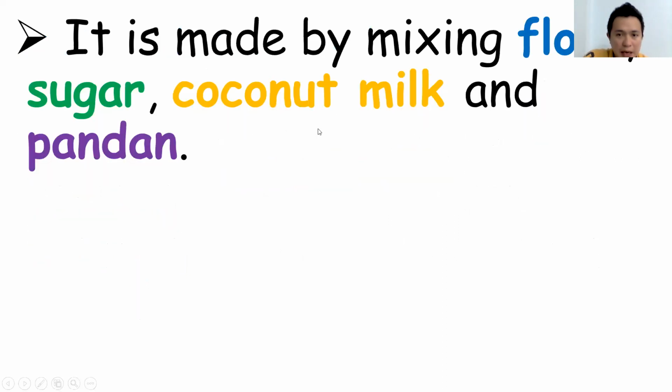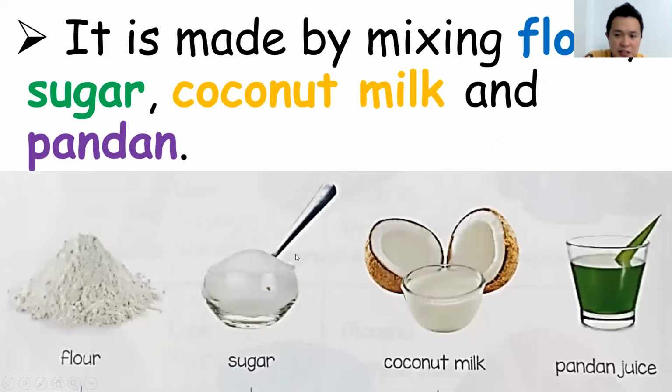Another one here. It is made by mixing flour, sugar, coconut milk, and pandan. Then you can have something else. We have the flour, the sugar, the coconut milk, and the pandan juice. If you mix these materials, you can make a Thai Jello.